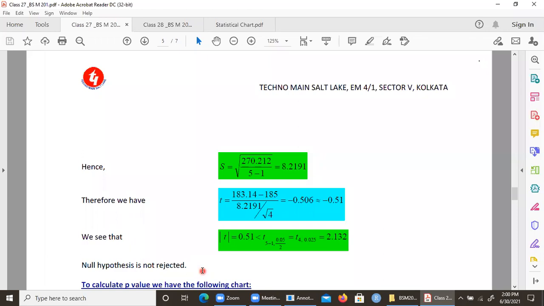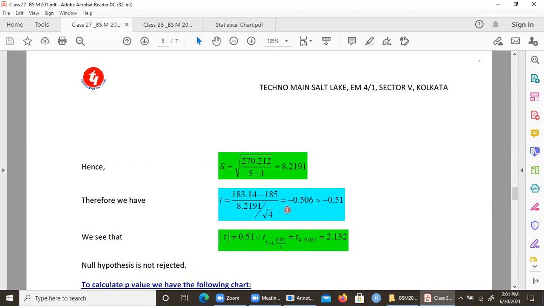What is going to happen if mu is not less than 185? Is it greater than 185? I cannot say whether in any case, for any sample, it is going to be ever larger than 185. That particular part is not known, or whether it is after all acceptable or not.